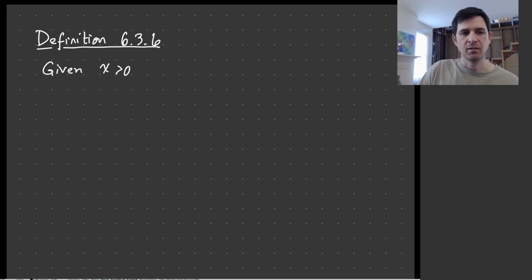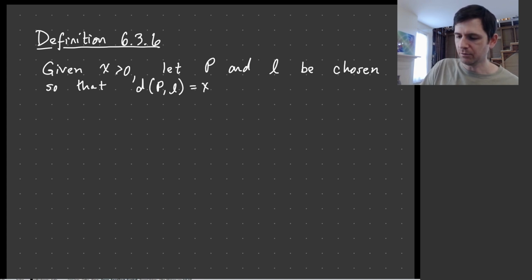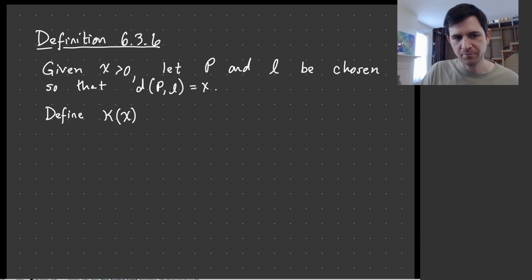So given x greater than 0, let P and L be chosen so that the distance from P to L is equal to x. Define kappa, so this is not a lowercase k, it's the Greek lowercase kappa letter.